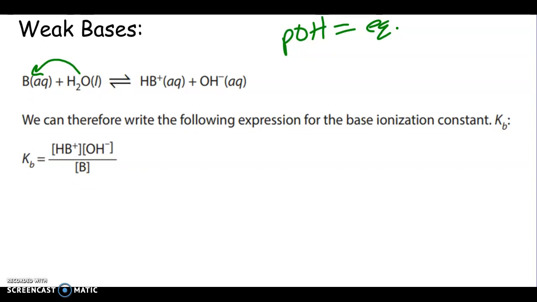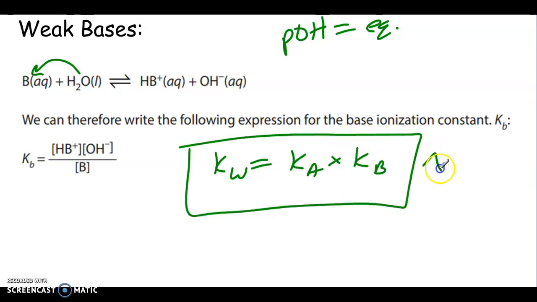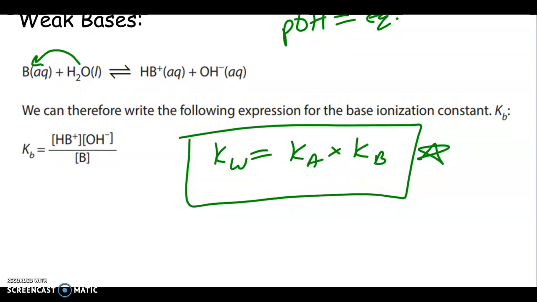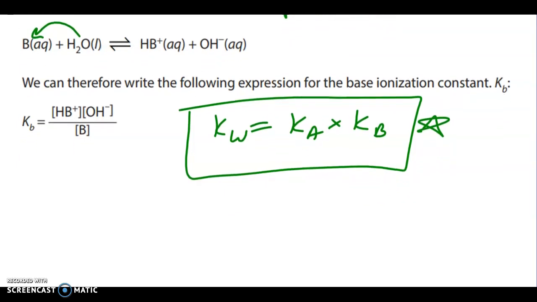One relationship that is going to be very important when dealing with weak acid and weak base equilibrium is this right here. We know that Kw is equal to hydronium times hydroxide, right? But Kw also has a relationship with conjugate pairings, acid and base equilibrium constants. So what do I mean by that?